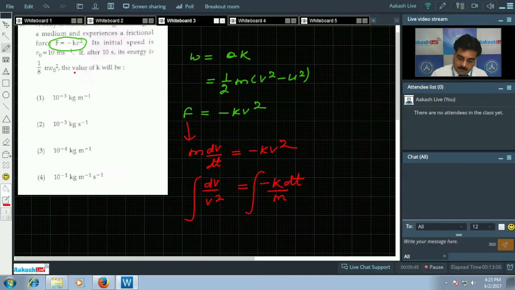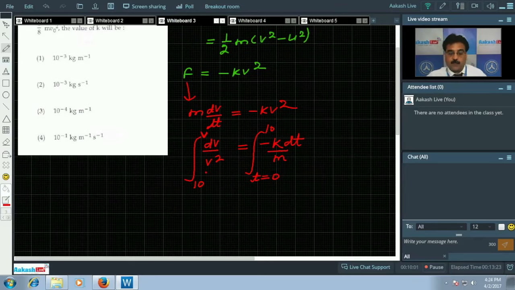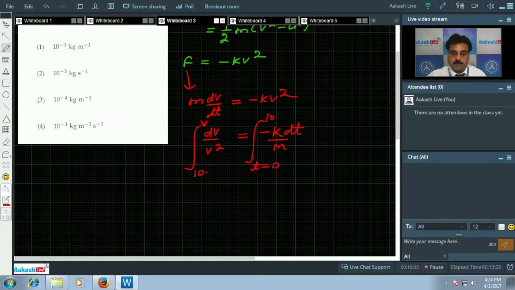So here you could see initial speed is 10, means at time t equals 0 my speed is 10, and after the given time if I consider my speed is v. So my first point of interest is the calculation of v.